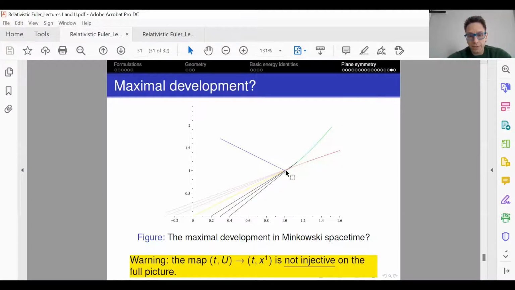So this is also a characteristic, and it's the dividing line. It's the unique characteristic that hits this cusp up here. So it separates things. And let's forget about this blue curve for a second, because this represents the L bar direction, which is not particularly relevant at the moment. So let's just ignore this. So how do we think about this picture? What is so special about this green curve and this red curve?